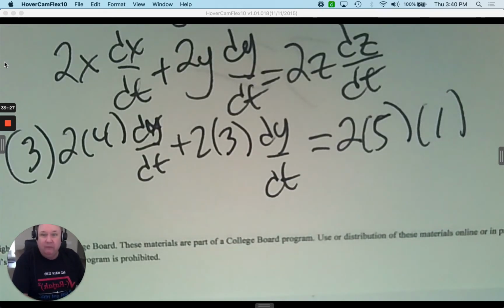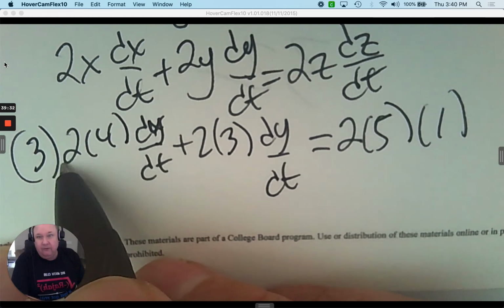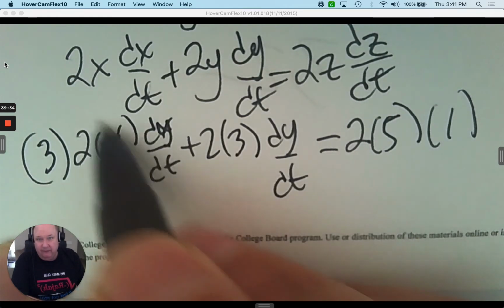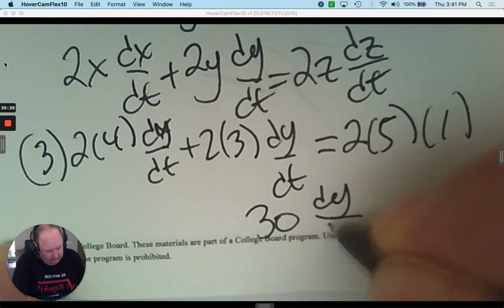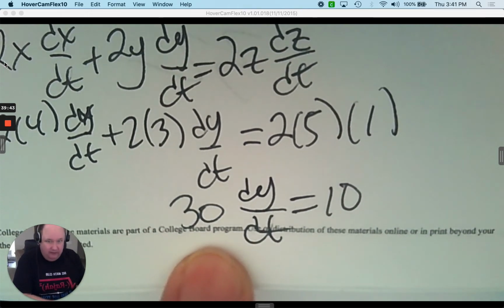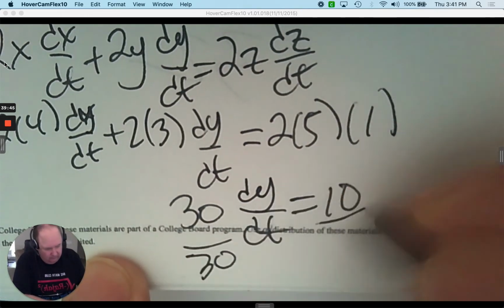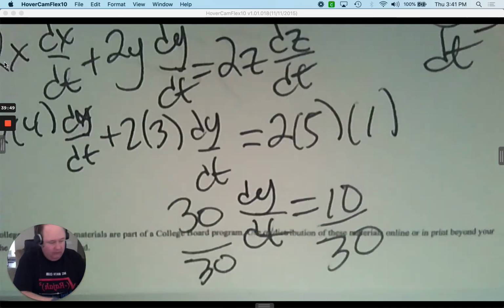So now I only have one rate of change. So I'm going to combine like terms. So this is 8 times 3. That's 24 plus 6. That's 30. And 10. Divide by 30. And you get 1/3. So dy by dt, we have solved it.